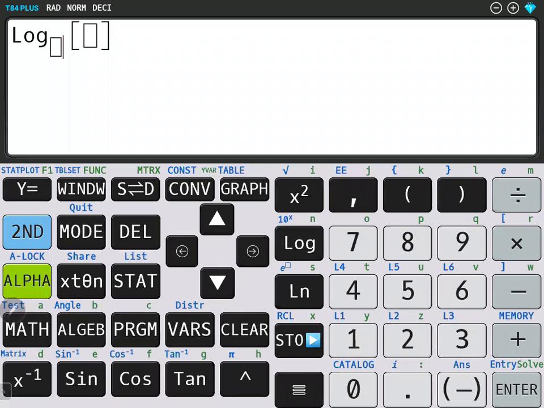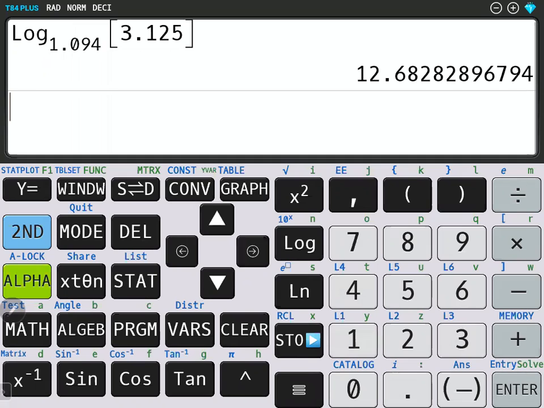Our base number is 1.094 and then this number is 3.125 and enter. So we get the answer. We can round this answer to 12.7.